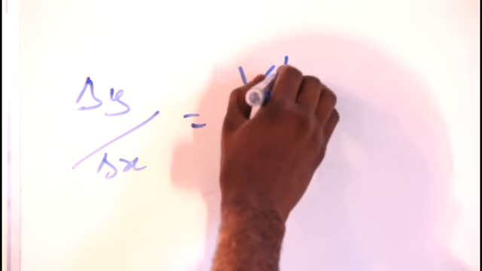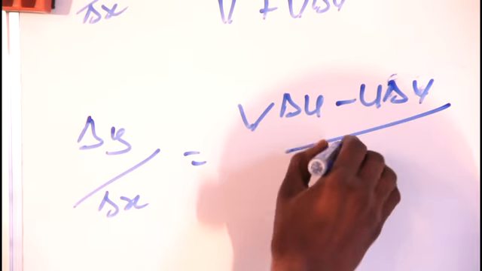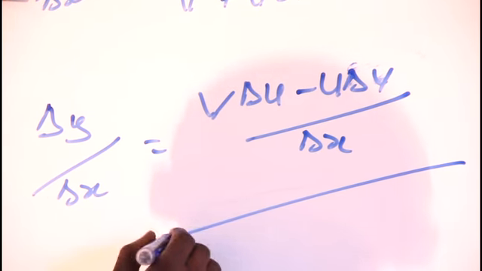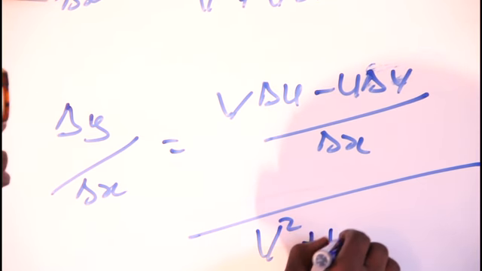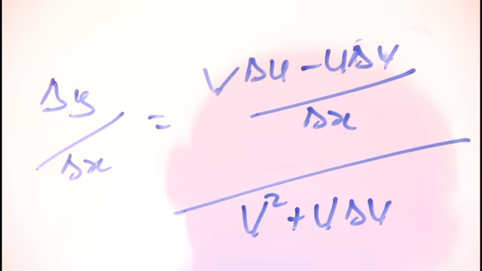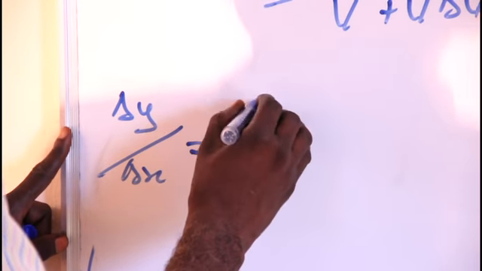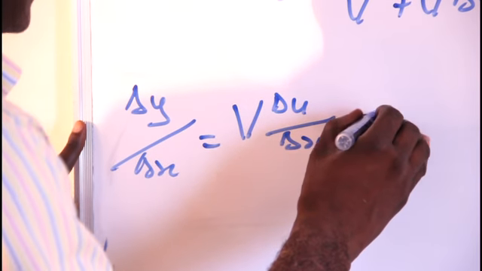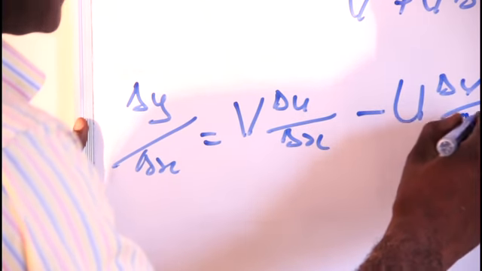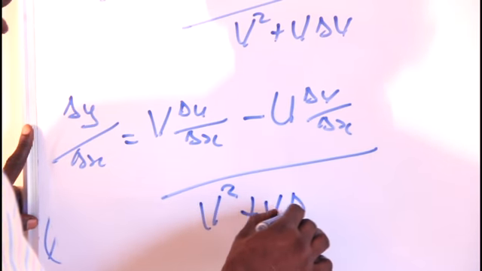Change in x into this, see what you have. You end up having change in y over change in x equal to v change in u minus u change in v all over change in x, then over v squared plus v change in v, while the other side is 1. If you want to simplify this further, what will you have? You end up having change in y over change in x equal to v change in u over change in x minus u change in v over change in x all over v squared plus v change in v.